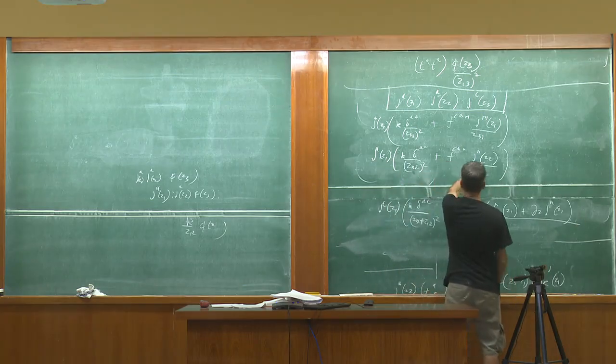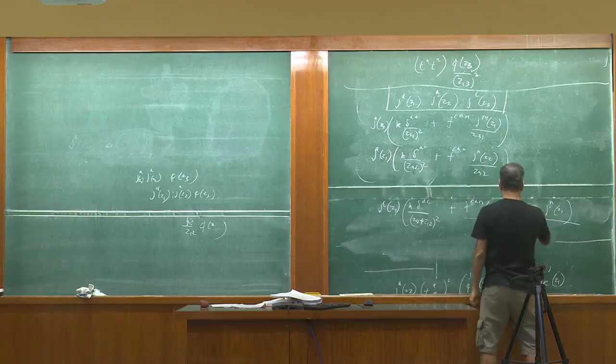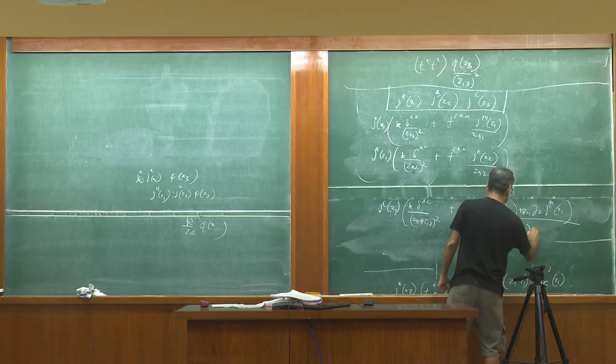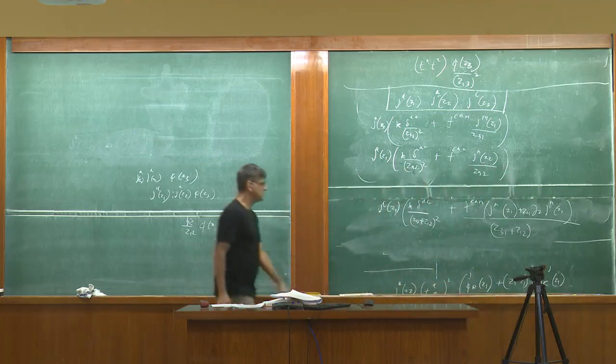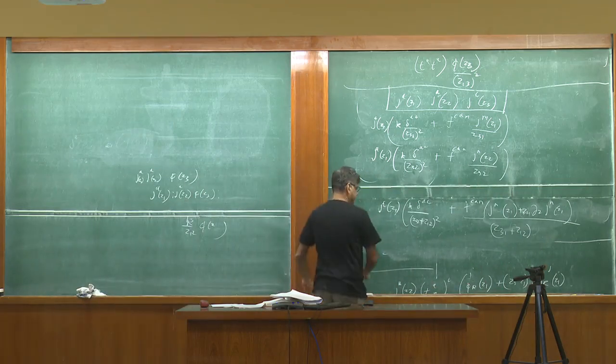Divided by Z12, yes, plus Z21, okay, divided by Z31 plus Z12. Right, that's one term.